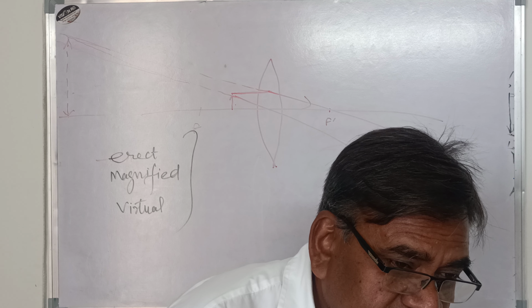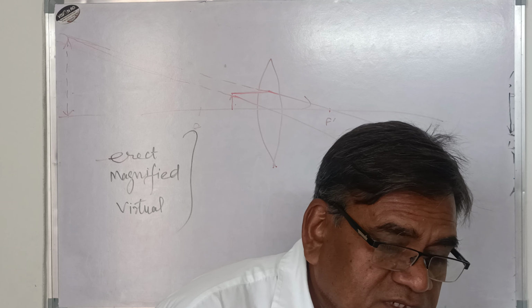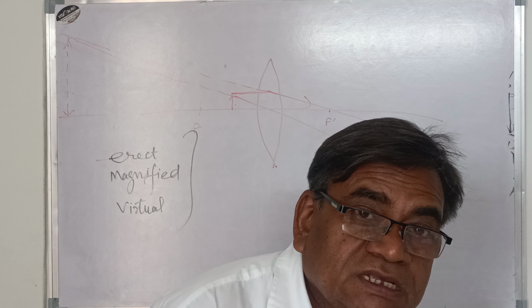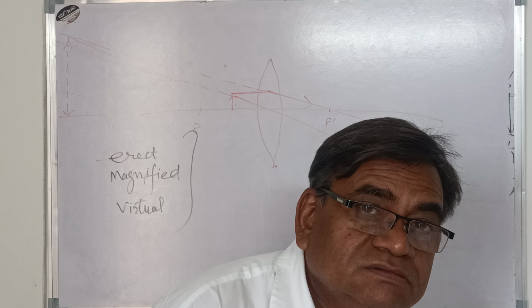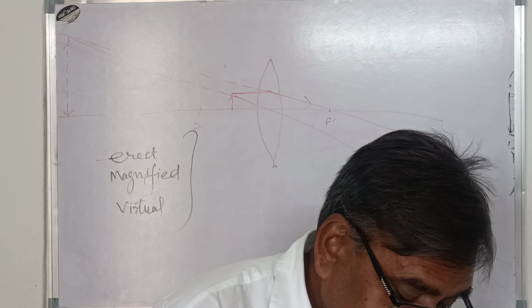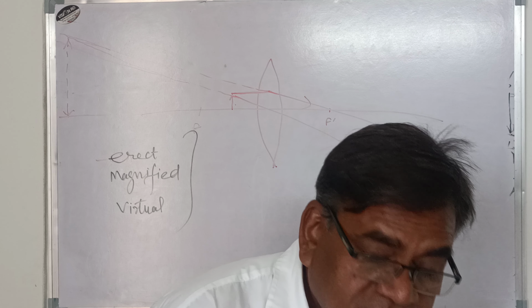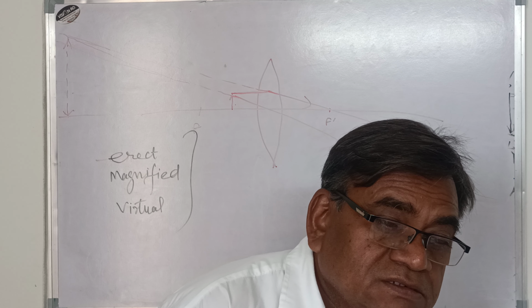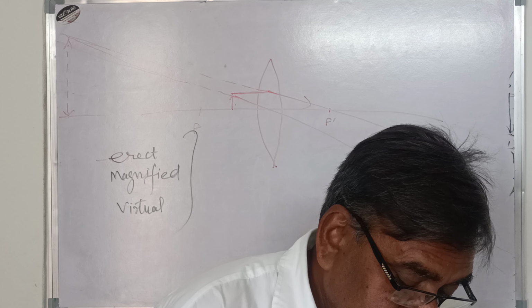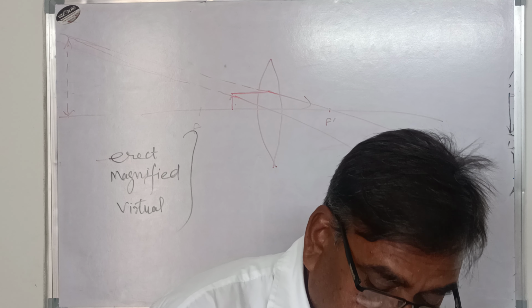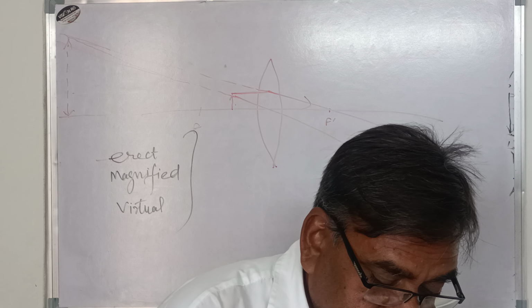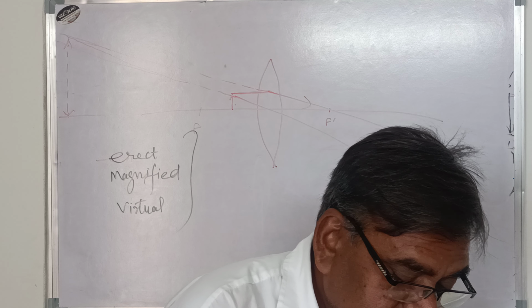Erect है, सीधी है, diminished है, so this is the case of concave lens. Because in case of convex lens, erect image is only in case it is virtual and magnified, not diminished. And the image is always diminished and erect in case of concave lens, except when it is on the focus. No, in that case also the image will be diminished, whether it is on focus.